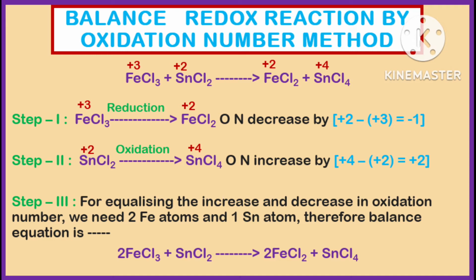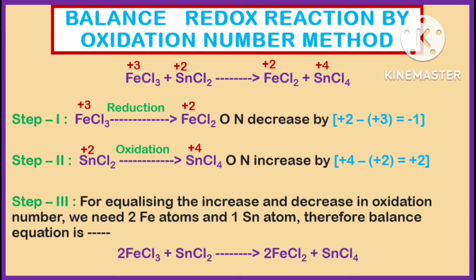If there are the same number of oxygen atoms in the reactants and products, the equation then represents the balanced redox reaction. Now I am giving one or two examples, then you can understand well. Only these steps will be followed here.